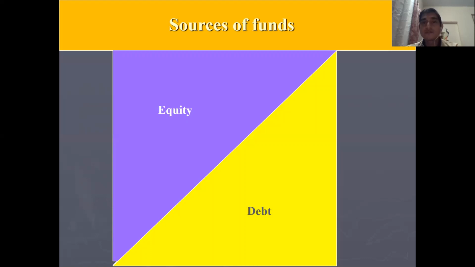And the second way is borrowing funds from financial institutions like banks, non-banking financial institutions, or other financial institutions. Now what is the difference between these two? Equity is the firm's own fund, and generally there are two types of shareholders. One is called ordinary shareholders, another is called preferential shareholders.